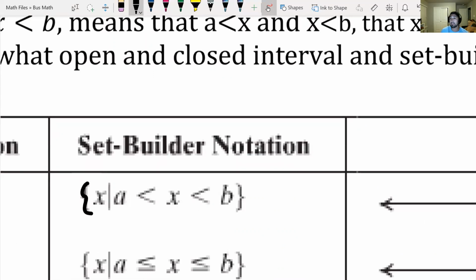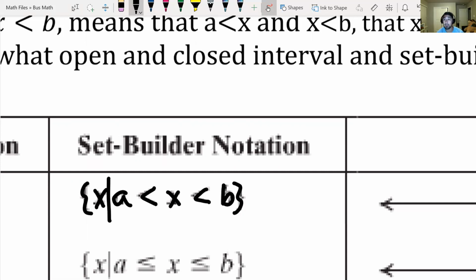So in this fancy set notation, we say for all values of X such that, so again, to start it over, for all values of X such that A is less than X and X is less than B.